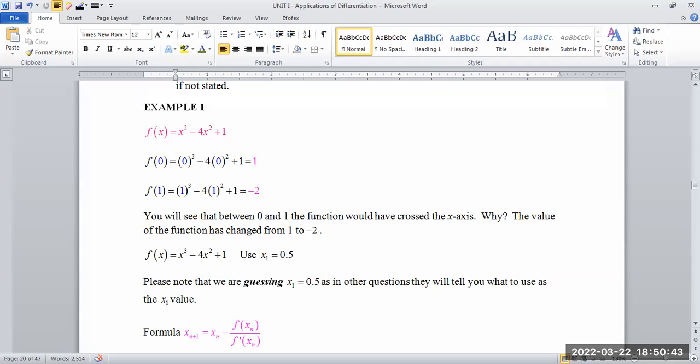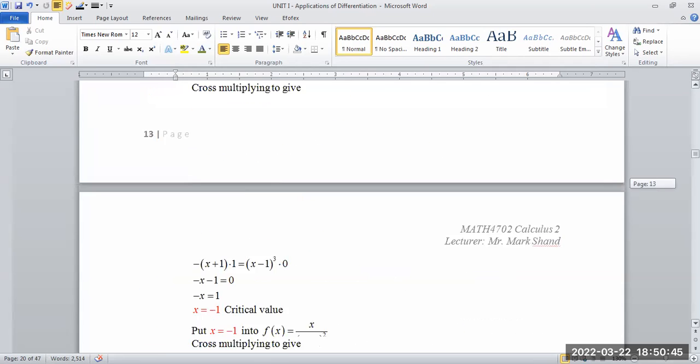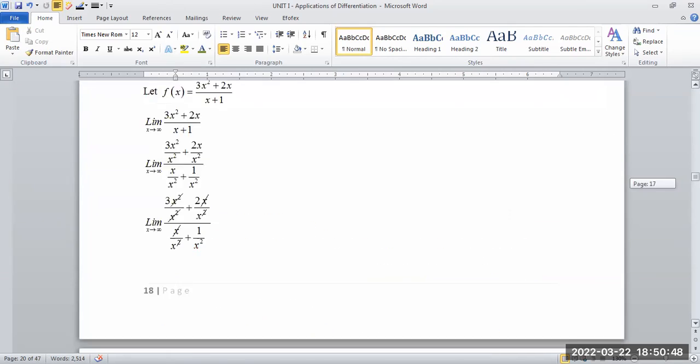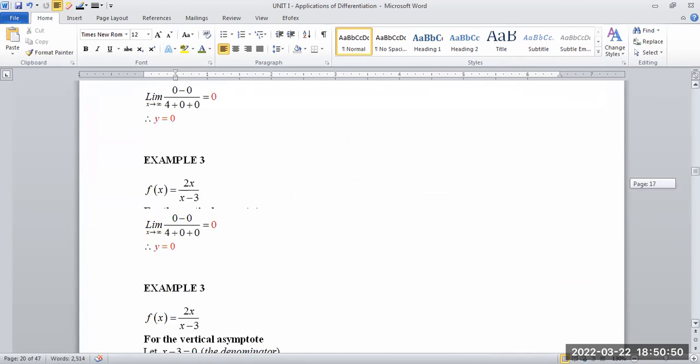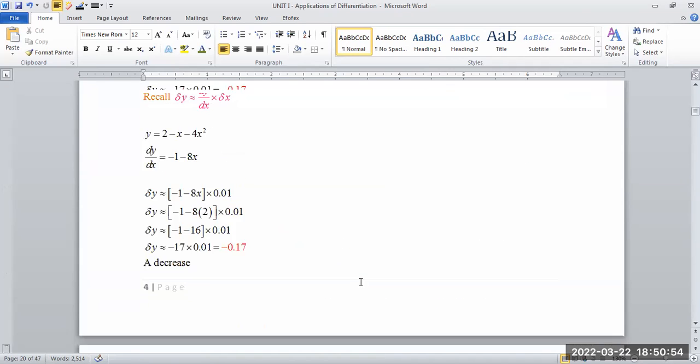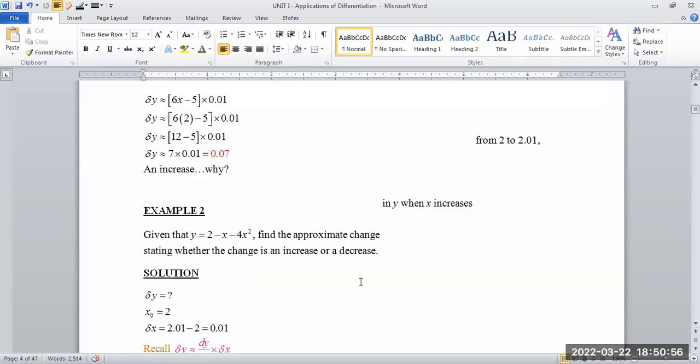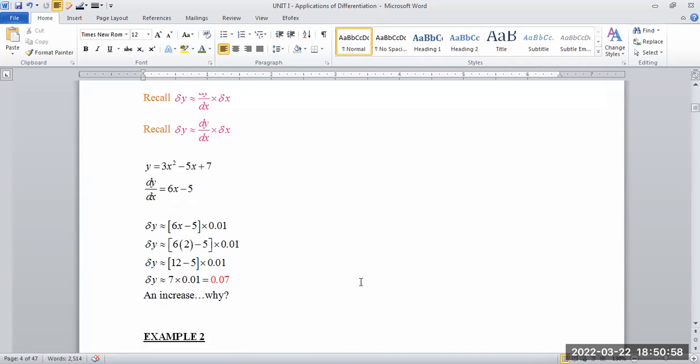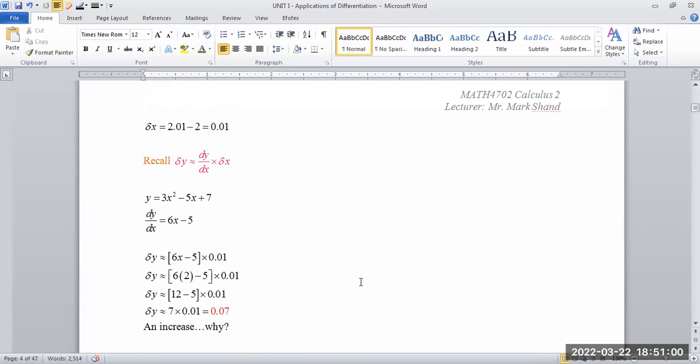Sometimes they give it to you like that. I don't like it that way, but if they give the question looking like that, where x0 is your first iteration, just be very consistent.